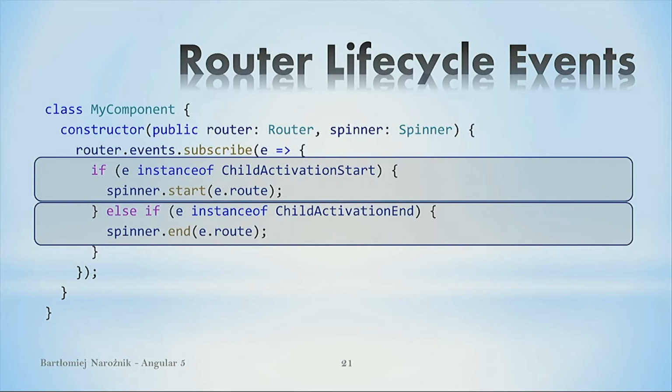So just an example of how you could use the last 2 of them, the child activation. For example, you could make your spinner start whenever child activation starts, and the spinner stops when the child activation ends.